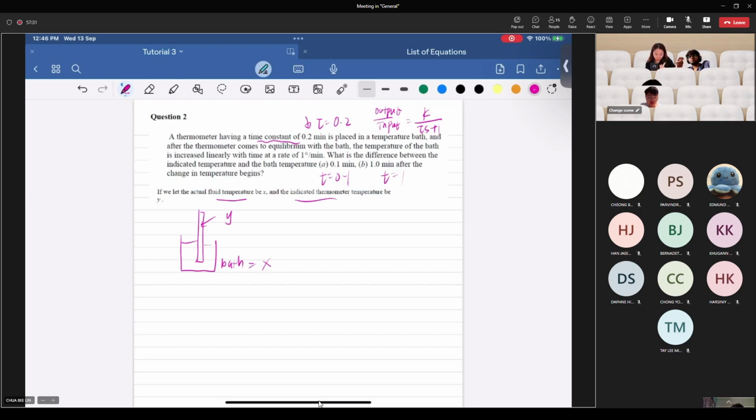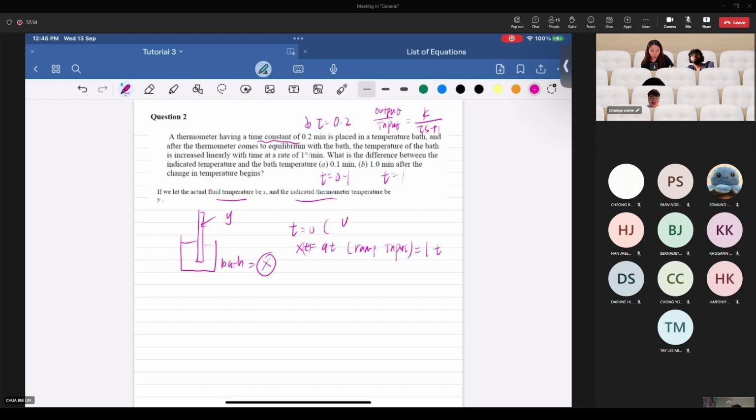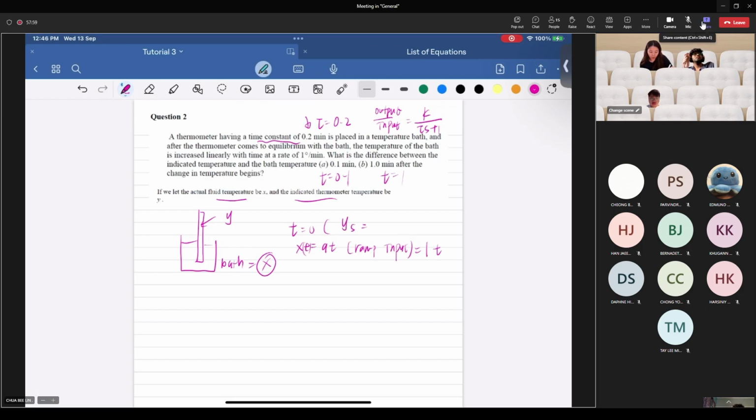At time equals to 0, this X is a ramp input given in the question as 1t. It means when the system is already in equilibrium, at t equals to 0, your Y(s) will be equal to X(s).